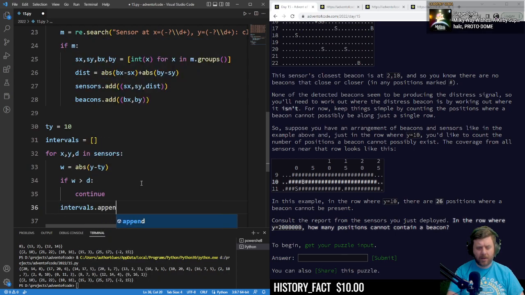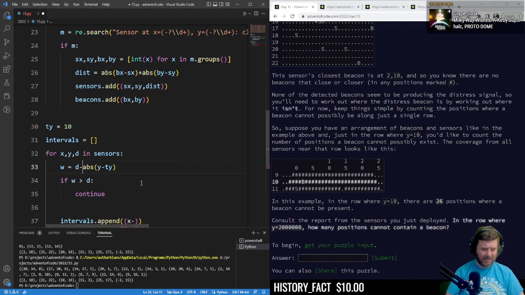intervals dot append, I want to add a pair of values, and it'll basically be the x value minus, the width actually is like d minus this. Hold on a second.